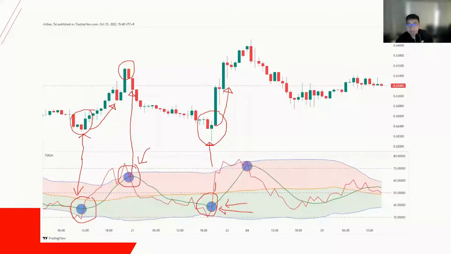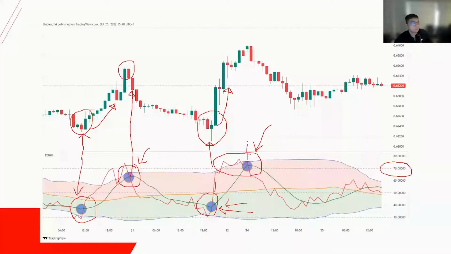So next, looking at the top, you notice that price has gone above 70. Notice right here, above 70. What does it mean? Above 70 means it's overbought. So with the price above the overbought area, let me get my pen out. In the overbought area, we have the red line crossing below the green line from above.